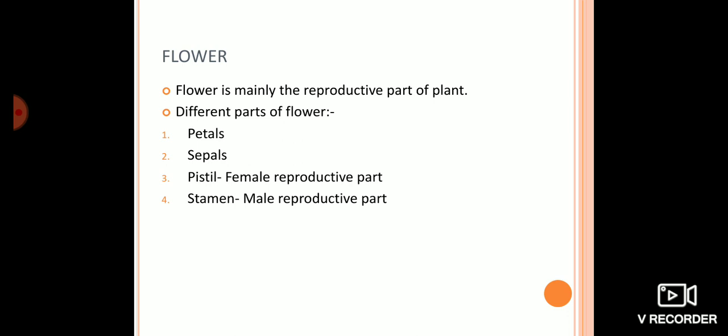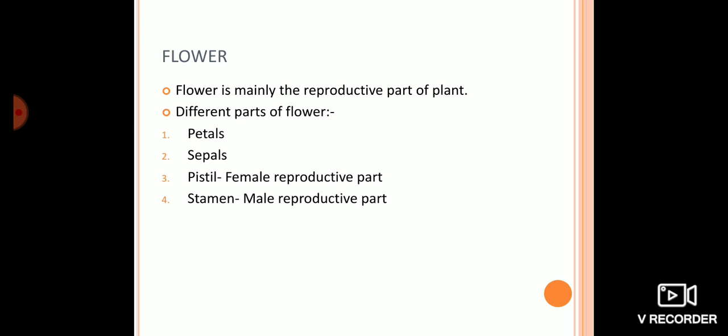A flower may have fragrance, and flowers produce seeds that can germinate to produce a new plant of the same kind, and we call it fertilization. Flowers develop from a bud, and usually live for a short time and then develop into the fruit. Fruits bear the seeds which when planted in the soil can grow into new plants. So this is about the flowers.